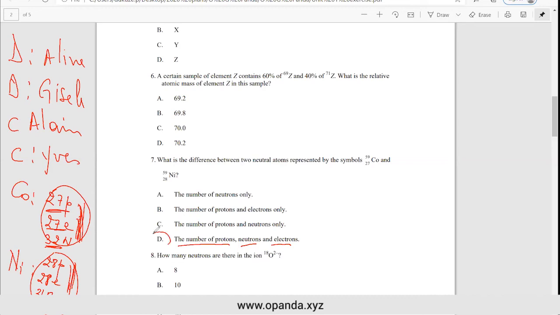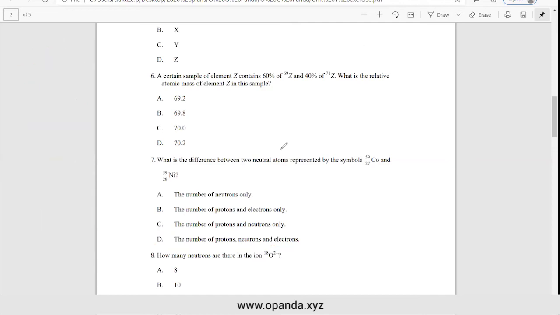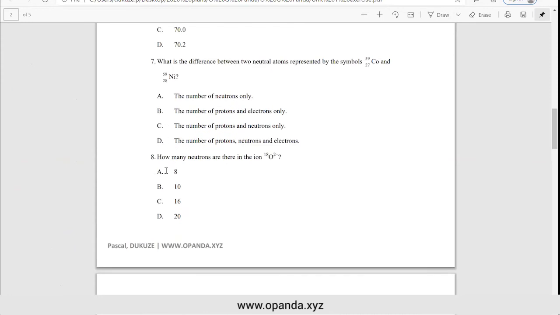So the right answer here, you can note it down, it's D. We clear everything from the screen, and then we go to the next question, which is, how many neutrons are there in the ion oxygen 18, 2 negative?